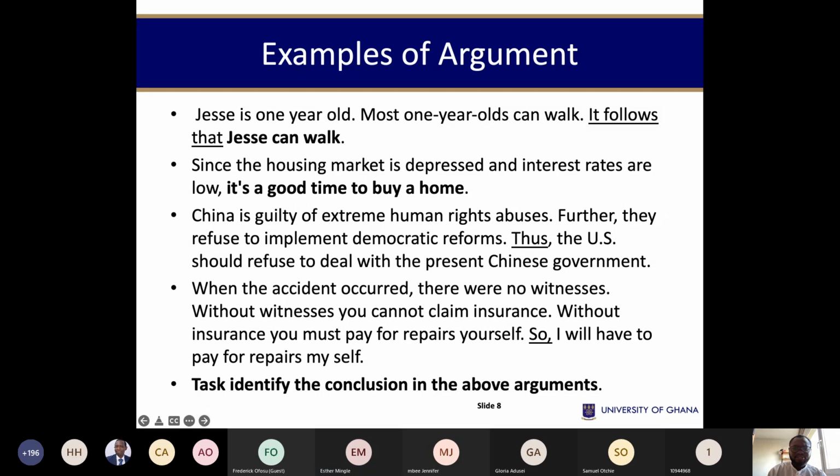So let's look at the first example, then we continue. Jesse is 1 year old. Most 1 year olds can walk. It follows that Jesse can walk. So here you'll see that the conclusion has an indicator: it follows that Jesse can walk. There are many ways that you can use an indicator to indicate a conclusion.